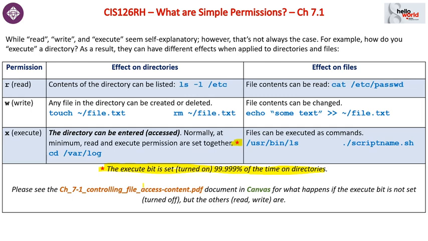You may or may not have an execute bit turned off on a directory. It is possible. But if you're curious, and you should be looking at these files anyway, this is actually the content file, or what we call the book. Take a look in there because it describes what happens if the execute bit on a directory is actually missing, or what we say turned off.